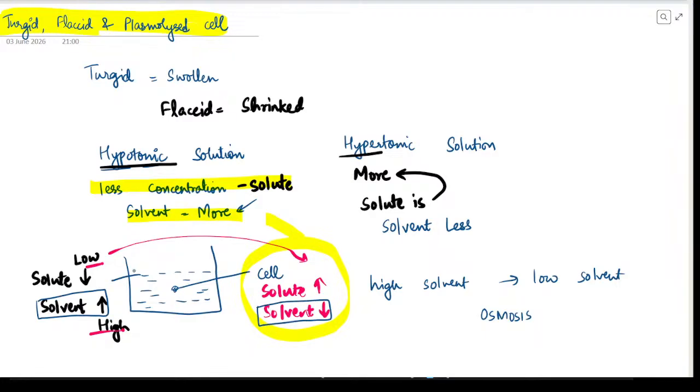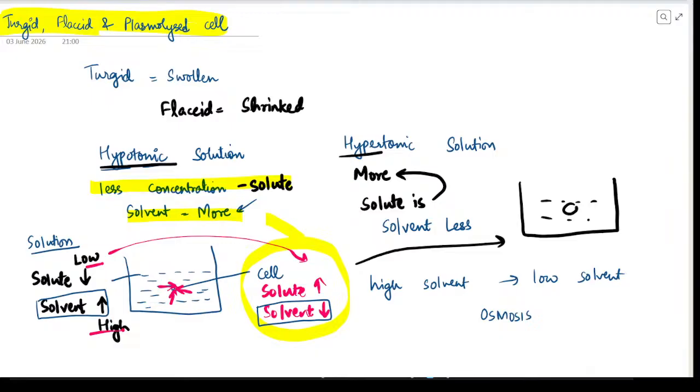So this was the concentration of the solution. Here the concentration of solvent is high, so the solvent from the solution will move inside the cell, because of which over a period of time the cell will become swollen, the cell will become turgid. So a swollen cell is also known as a turgid cell.